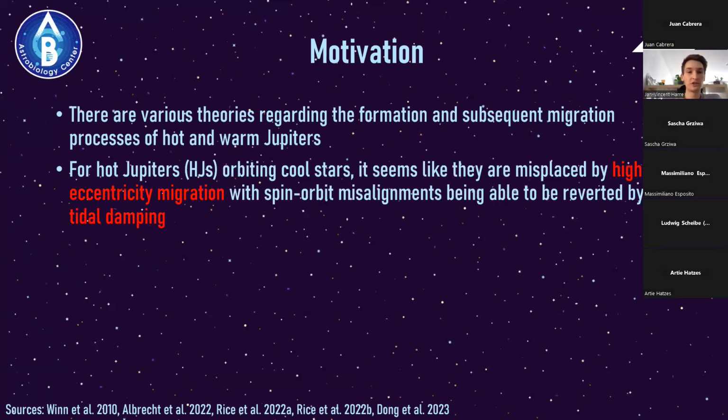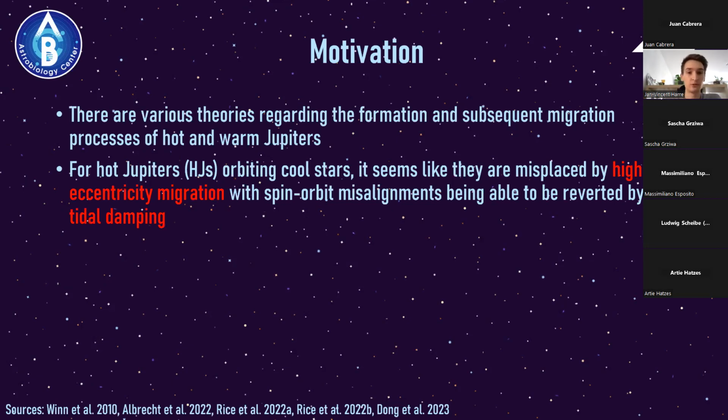Okay, so for hot Jupiters orbiting cool stars. Cool stars are stars below the so-called Kraft break, which basically divides stars with deep and with shallow convective zones. So cool stars have deep convective zones, and this boundary lies at about 6,200 Kelvin.